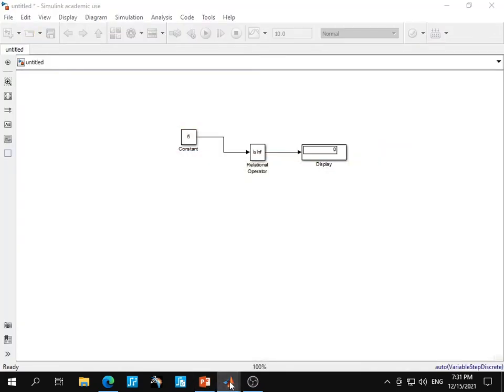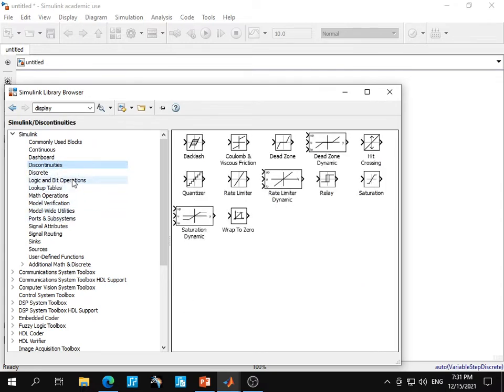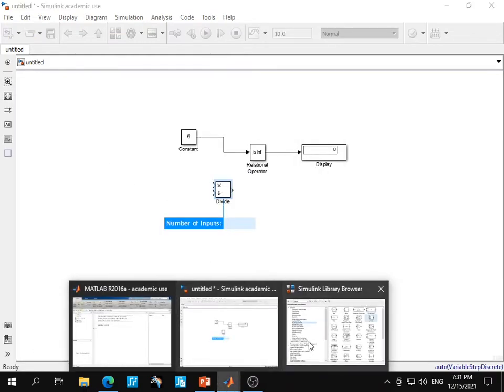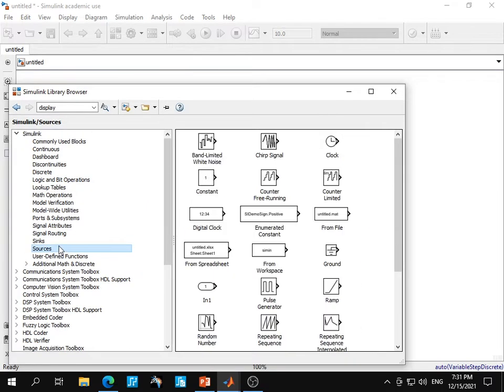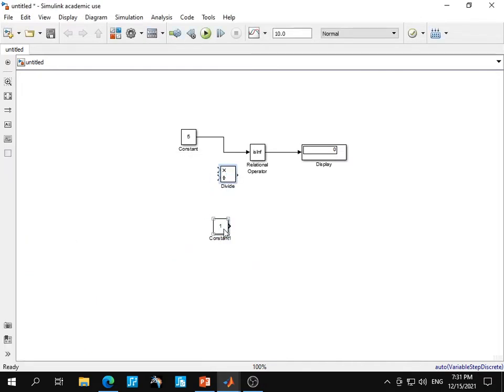So if today I put it like if I do 5 divided by 0, then it should be an infinite number, because any number divided by 0 is infinite.